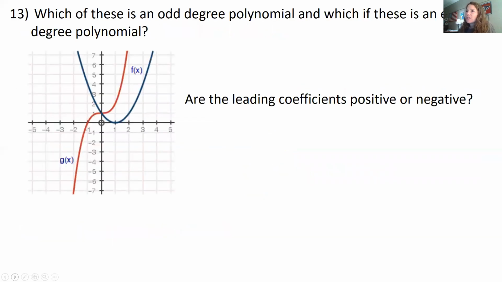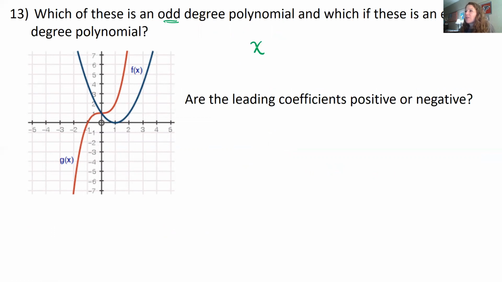Oh, look at this question. This is great. Which of these is an odd degree polynomial? And which of these is an even degree polynomial? That's confusing. But basically what it wants to know is what is going to make this parabola? It's a quadratic, isn't it?